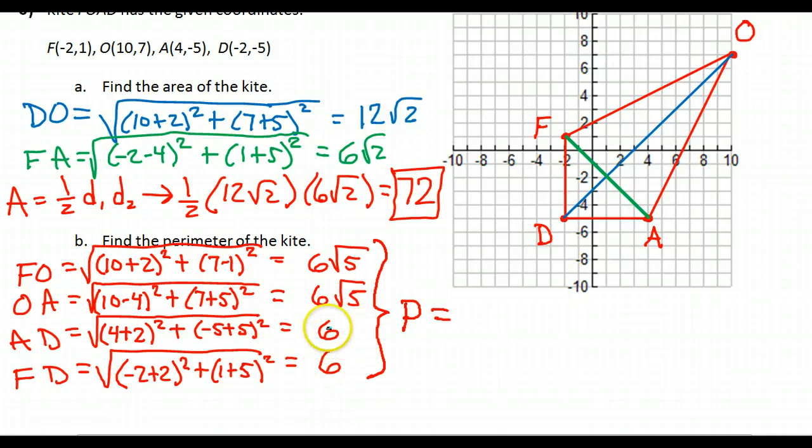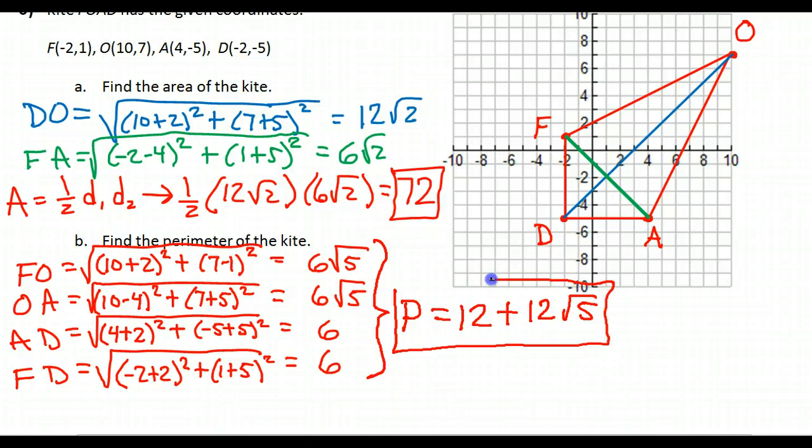Anyway, once you get all 4 distances, if I want the perimeter, I'm just going to add those up. It's going to wind up being like terms. So 6 plus 6 is 12. Okay, 6 radical 5 plus 6 radical 5 is 12 radical 5. I could have put all that in my calculator and it should give me the same answer. Anyway, that would be the exact answer without any rounding for the perimeter.